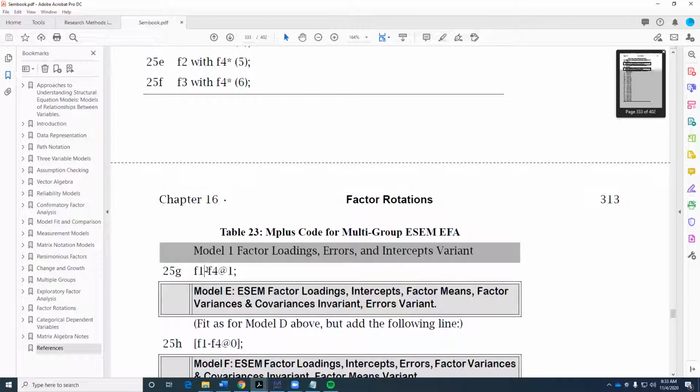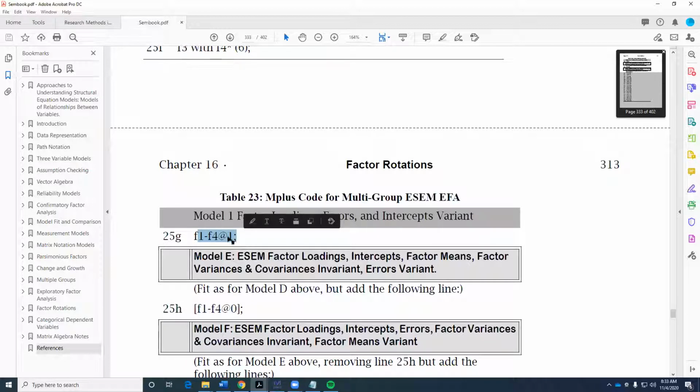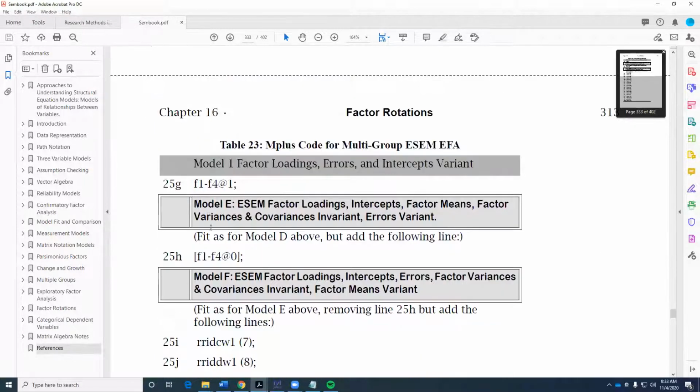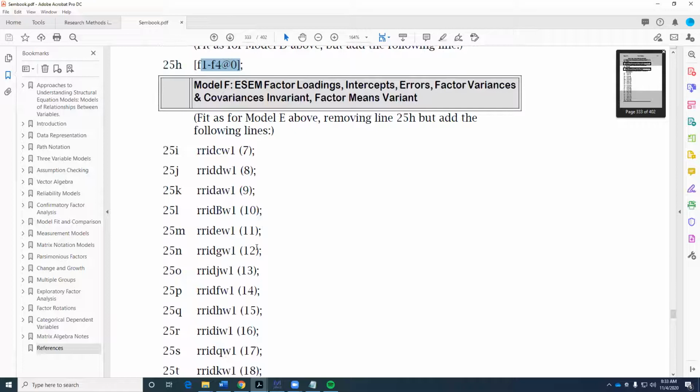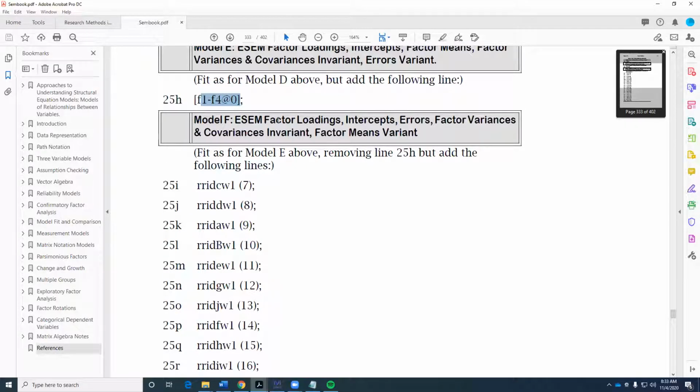If I'm taking the factor loadings, the errors, and the intercepts to be invariant, I'll set the factor variances to be this. I'm sorry, that's the same code as before. And if I want to say that the errors are variant, I fit model D above and I put in this line. So maybe it would be helpful next time to actually go through the programs and look at the analyses, but if you can bear with me.